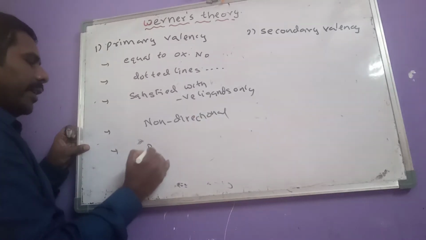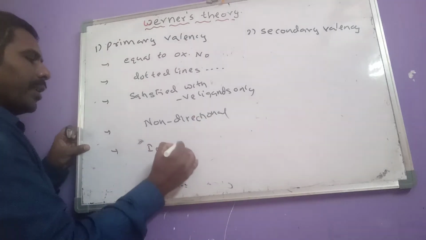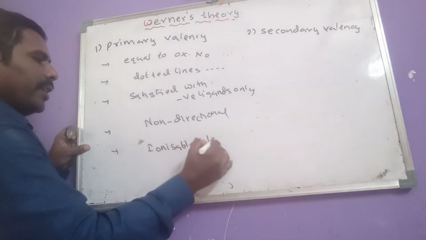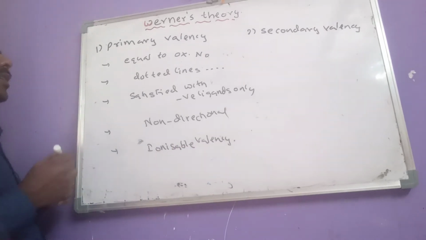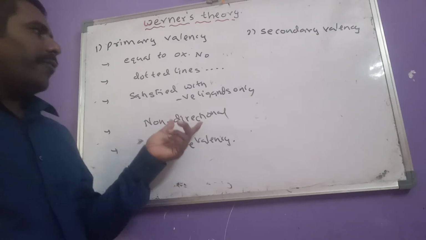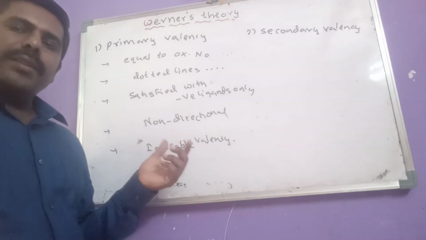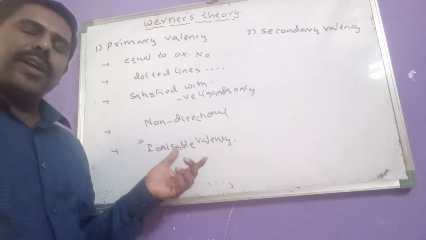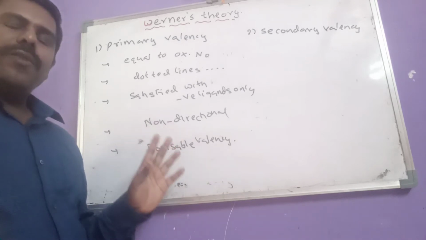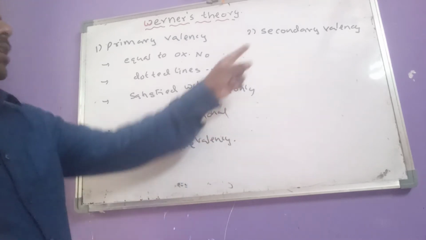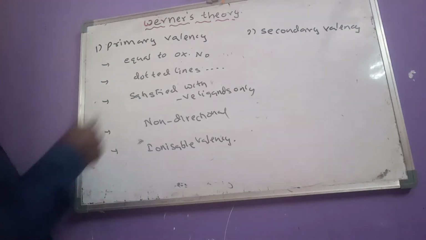And it is also said to be ionizable valency. That means the ligands which are bonded with primary valency can ionize from the complex compound.